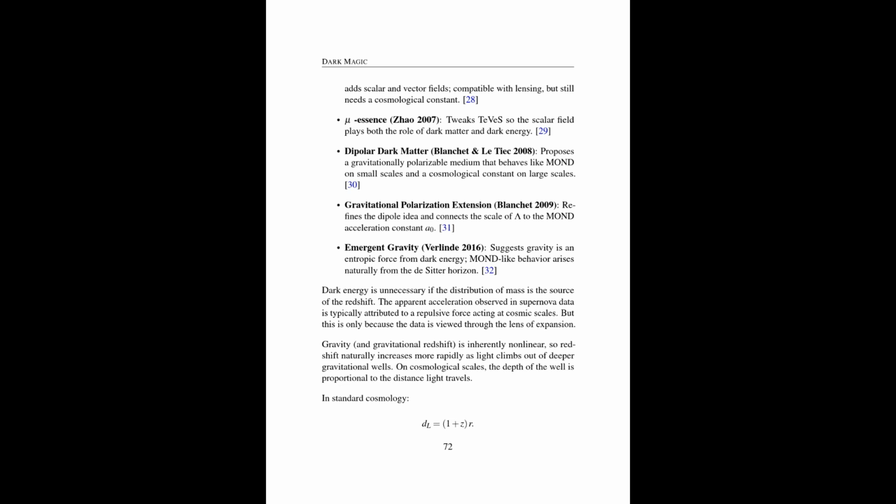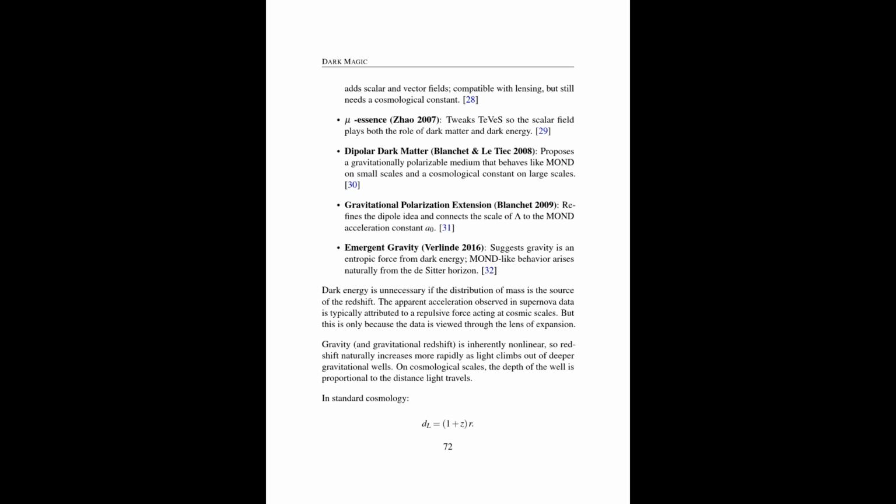Emergent gravity suggests that there is an entropic force from dark energy, and MOND-like behavior arises naturally from the de Sitter horizon. That's like a quantum gravity idea. A lot of these are, actually. Quantum gravity is the goal, with a lot of the focus around MOND and dark energy. Anyways, back to reading.